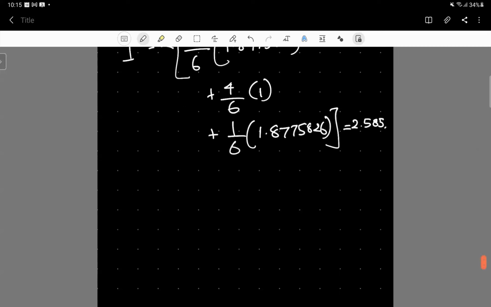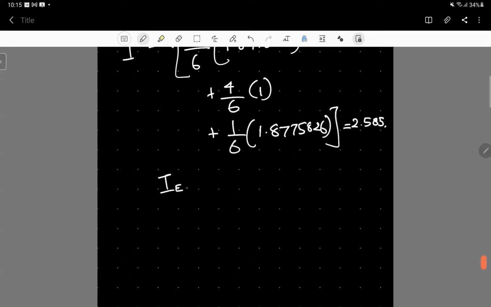So the exact solution is equal to the integral obtained using the Newton quadrature method.